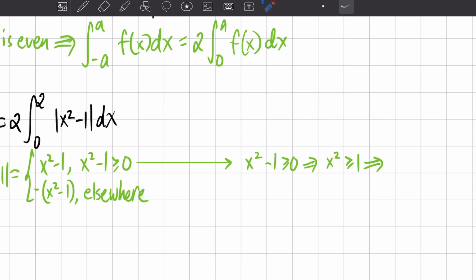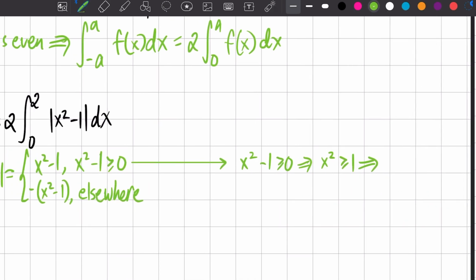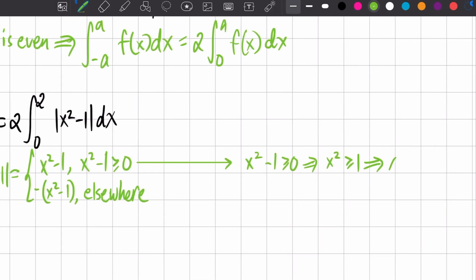You can see that, for example, if we try 2, then 2 squared equals 4, which is greater than or equal to 1. Or, another option is if x is less than or equal to negative 1. So, for example, if you have negative 2, if you square that one, you get 4, which is greater than or equal to 1. So this one will happen if x is greater than or equal to 1 or x is less than or equal to negative 1.